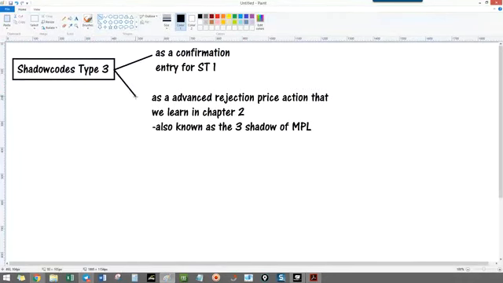It serves two functions: one as a price action, one as a confirmation entry for sniper.